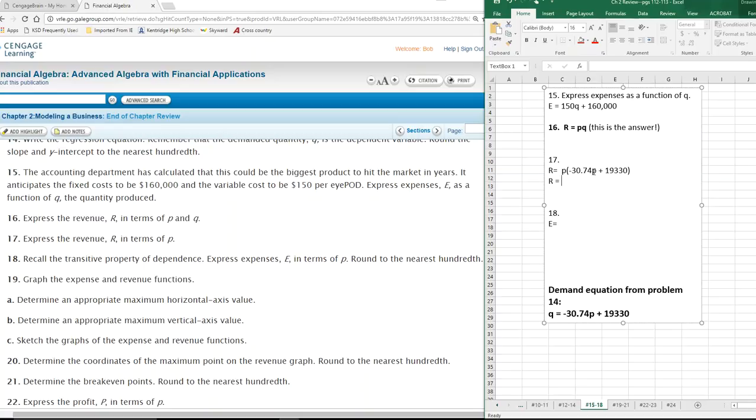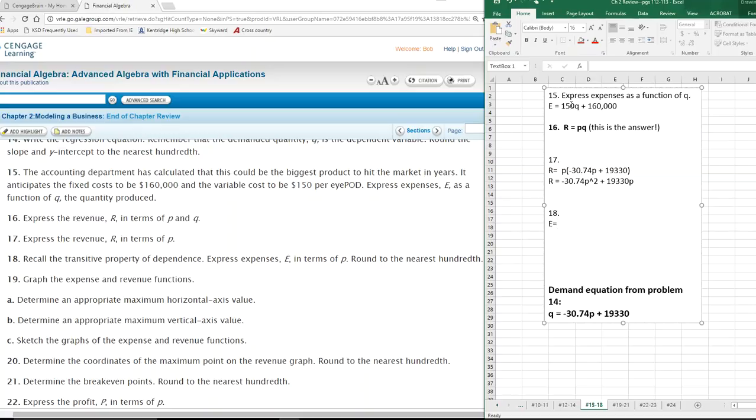Multiply P times this, we're going to get negative 30.74 P squared plus 19,330 P. So our revenue equation becomes negative 30.74 P squared plus 19,330 P. That's our revenue equation.